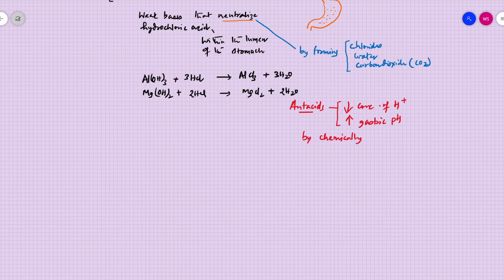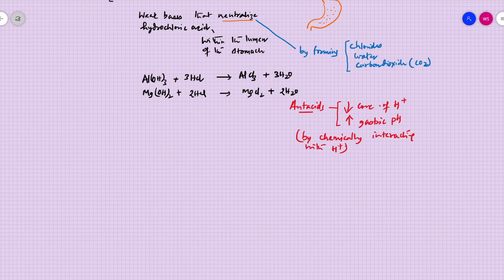So antacids decrease the concentration of the hydrogen ion, and in the process increase gastric pH essentially by chemically interacting with the hydrogen ion.